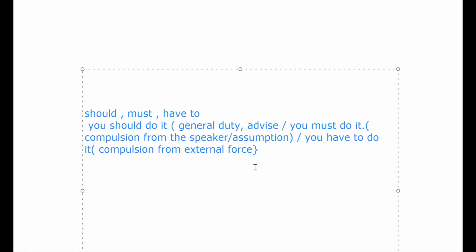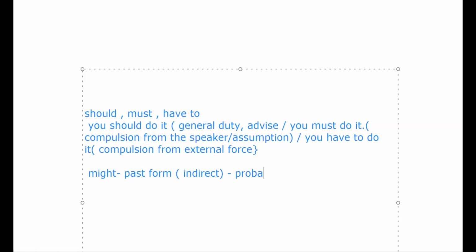Should, must, have to. Okay, and could, would, can, shall, may, and let me talk about might. Of course, this is again the past form of may. This is used in indirect speech. And this also has probability.